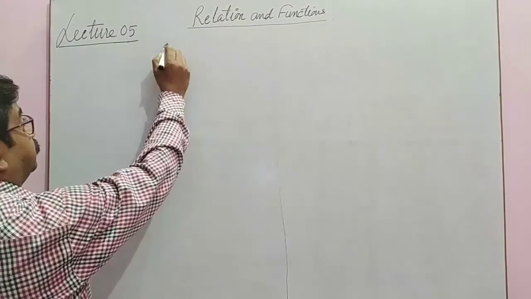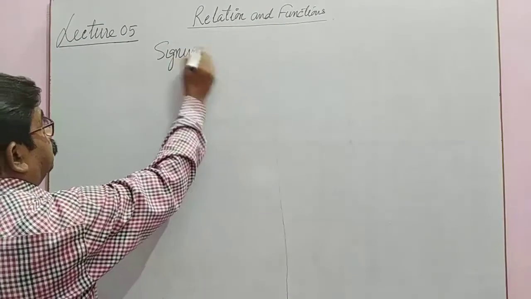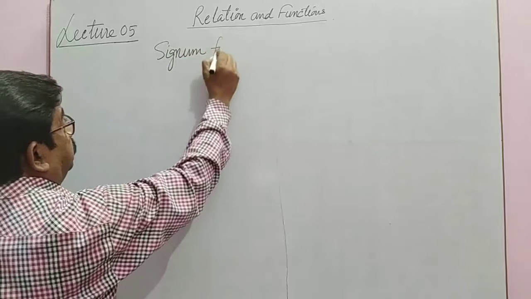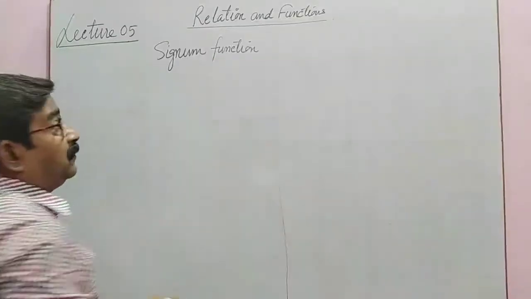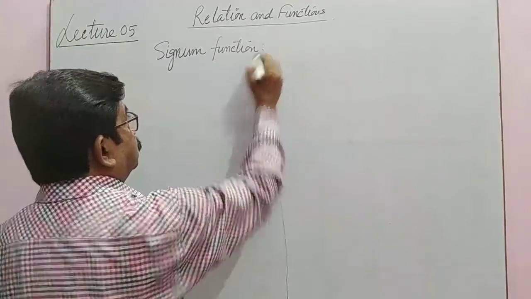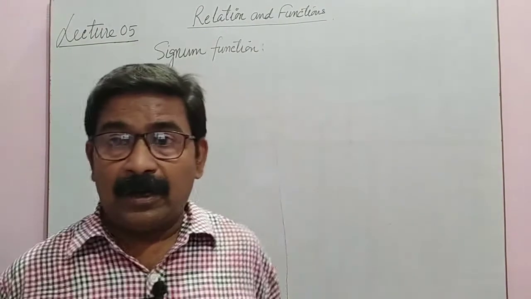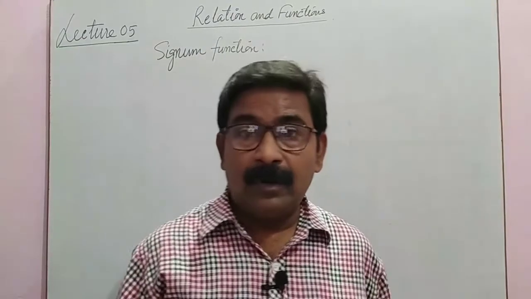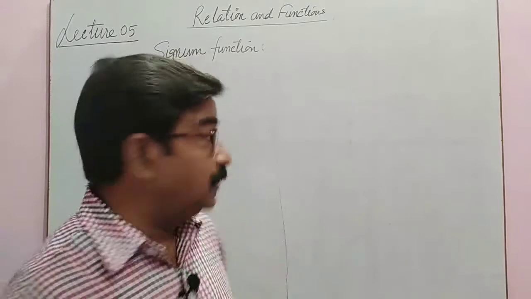This is called the signum function. The signum function is defined from R to R, real number to real number, meaning the domain is taken as real and the range will also be real.